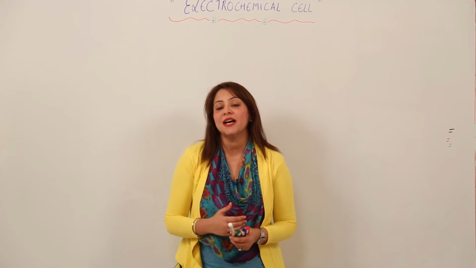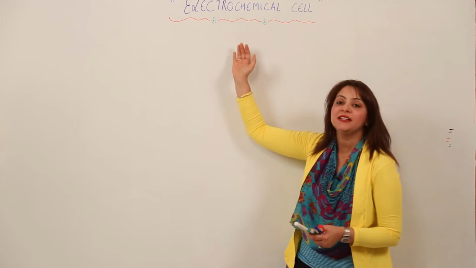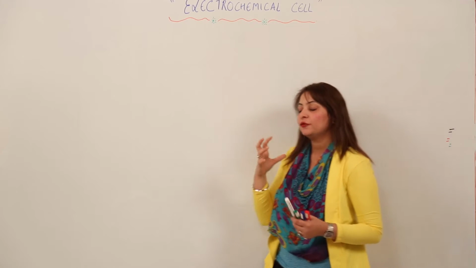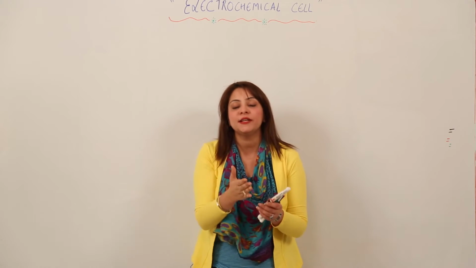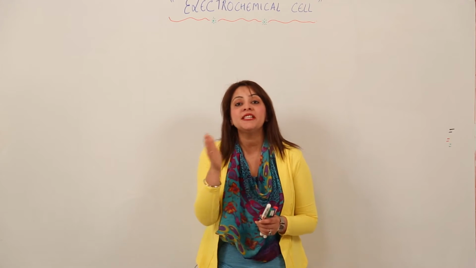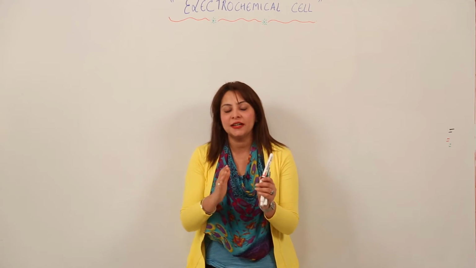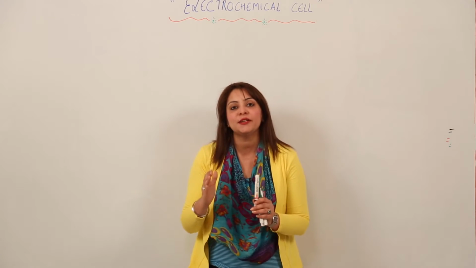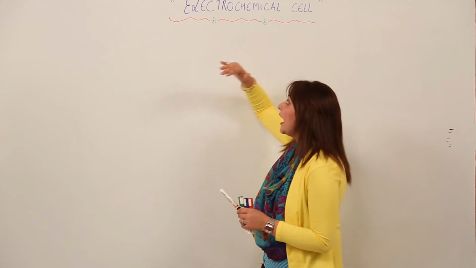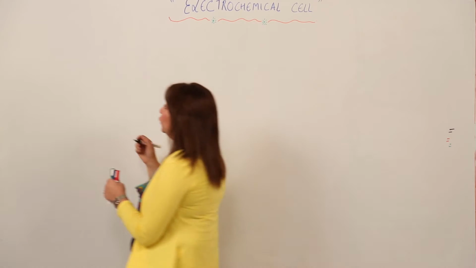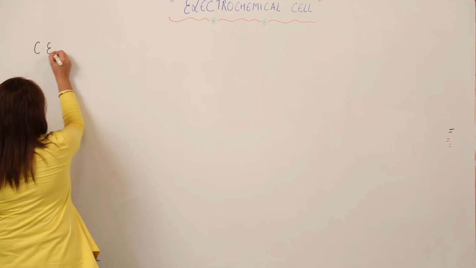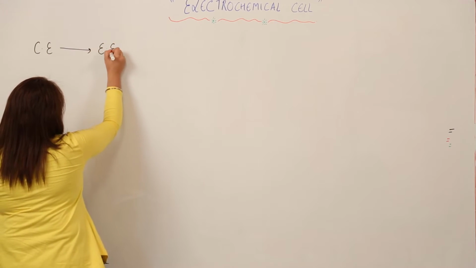We are going to start now with an electrochemical cell. First of all, you should know what an electrochemical cell is and what the principle behind it is. So first, what is the electrochemical cell? It is a cell which converts chemical energy into electrical energy.